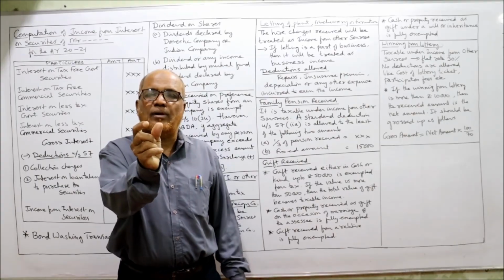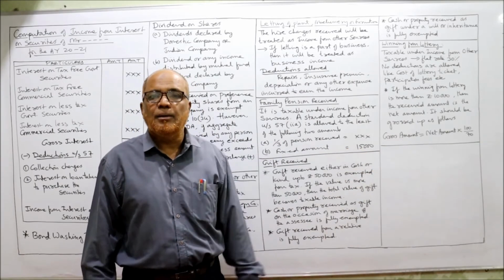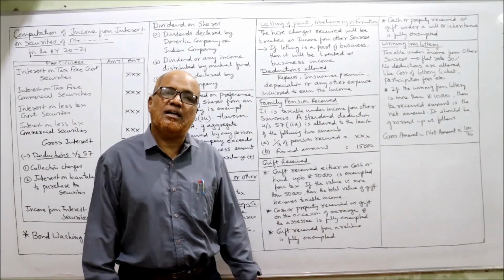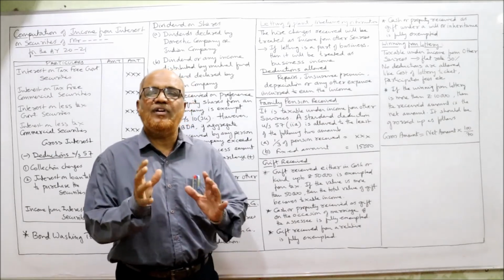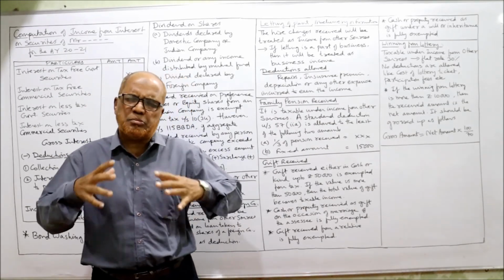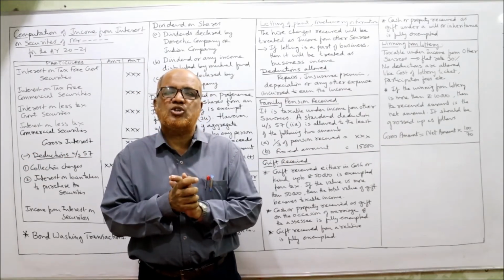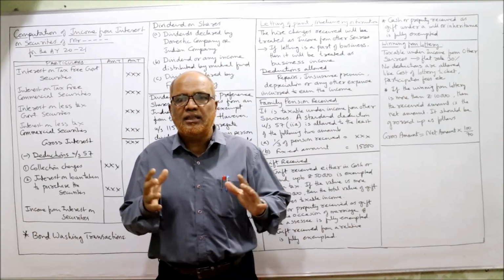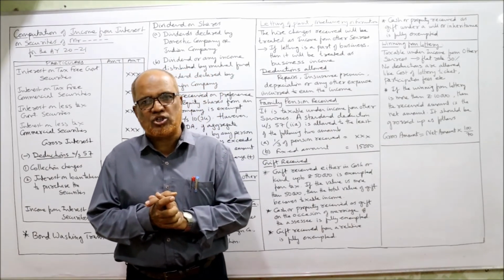Net winning from lottery into 100 by 70, because the TDS is 30% on winning from lottery. So these are few provisions I've explained on income from other sources. Many provisions are there, but for your level of examination, this much provisions, if you remember, that will do for writing best in the examination.